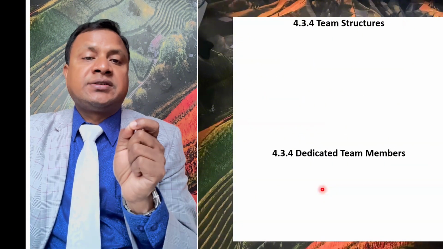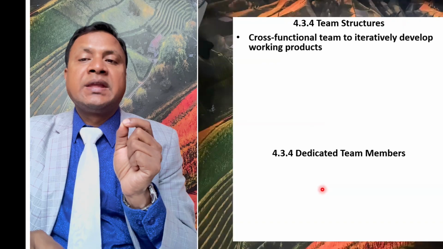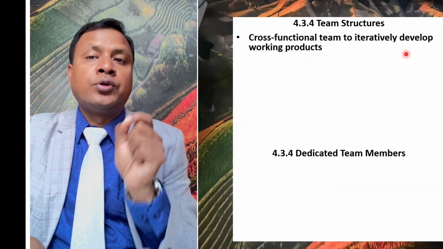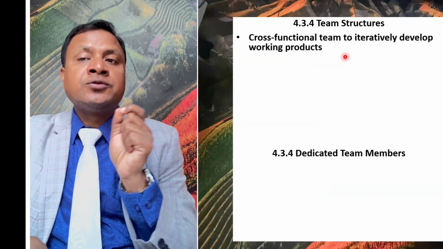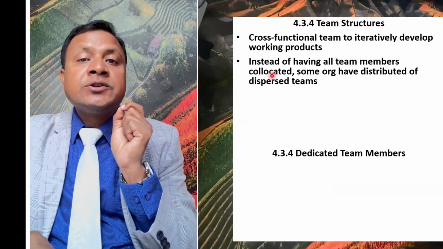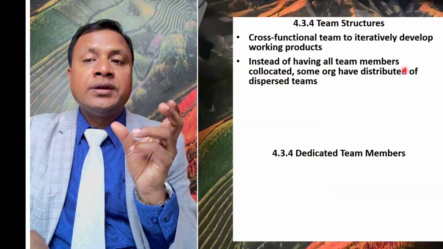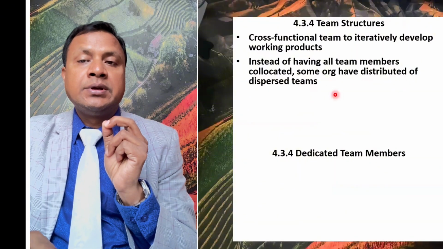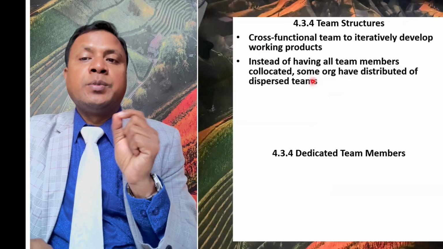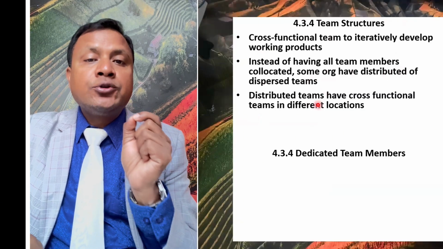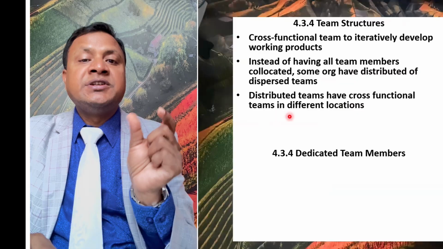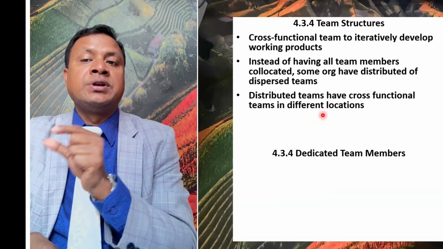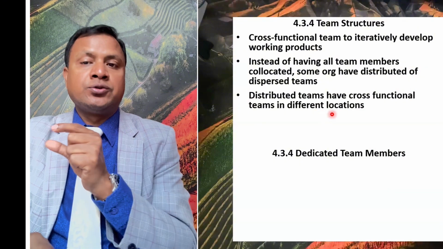Now the team structure. How will the team structure be? It will be a cross-functional team to iteratively develop working products. And instead of having all team members co-located, some organizations have distributed or dispersed teams. Distributed teams have cross-functional teams in different locations.